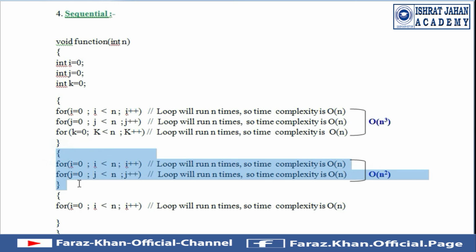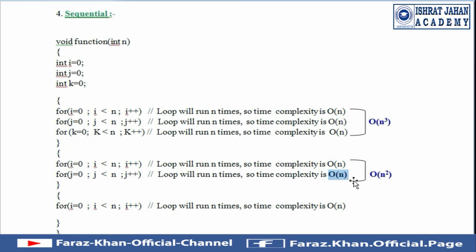Here is the second body. We have two loops in this body. The first loop will run n number of times, so the time complexity would be O(n). The second loop will also run n number of times, so the time complexity would be O(n). So when we multiply the complexity, we will get O(n square).